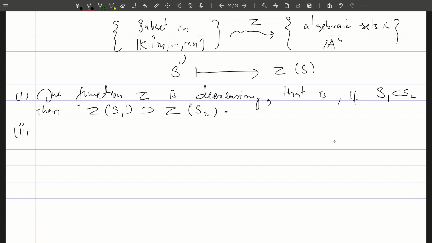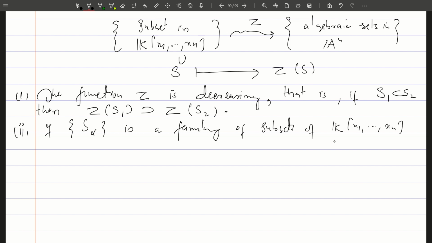So if S alpha is a family of subsets of the polynomial ring in n variables, then the arbitrary intersection of these algebraic sets is also an algebraic set, because we proved it. This is actually the zero set of the union of these S alphas.